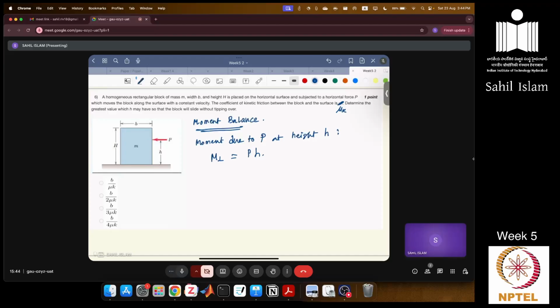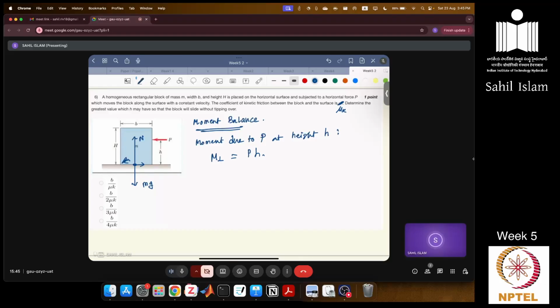Now due to its weight, what is the moment here? So here this is the line of action mg, and this is the normal reaction, and we have frictional force here. So if it is moving along this direction, frictional force will be along this direction.